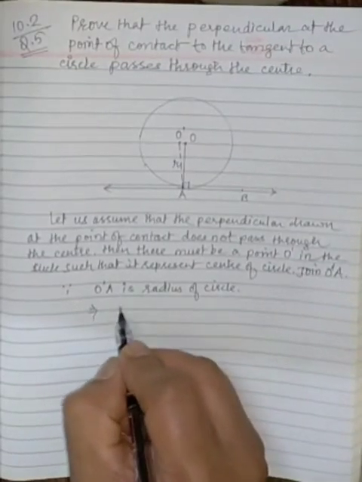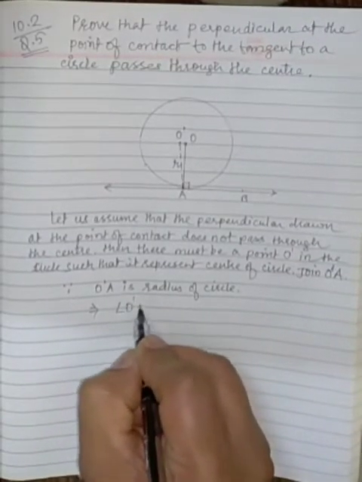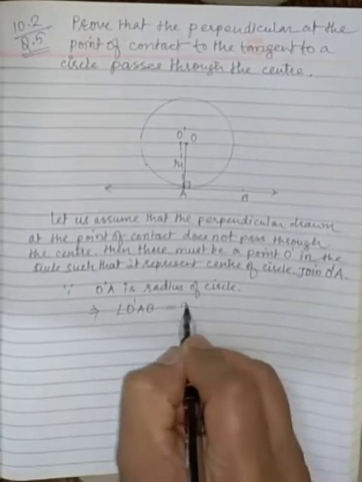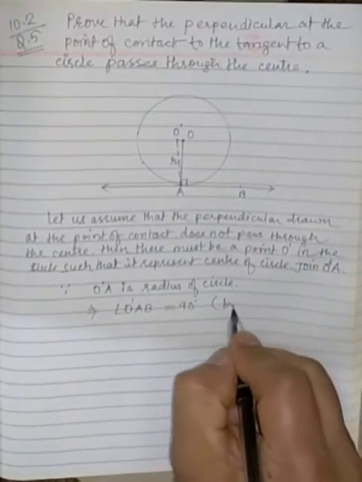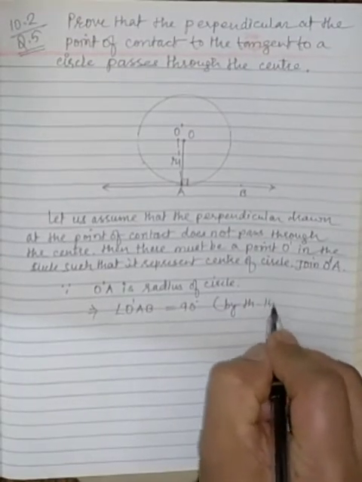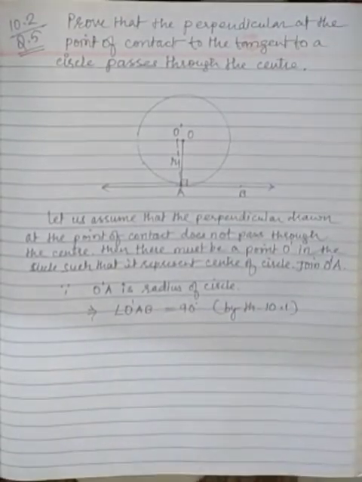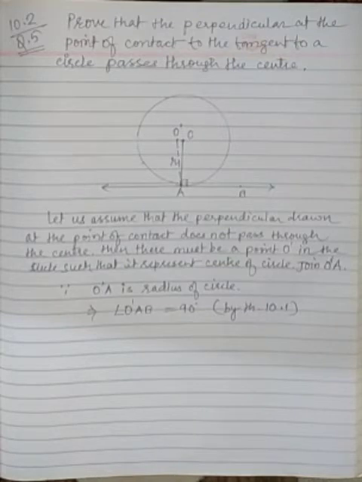This means that angle O dash AB is equal to 90 degrees by theorem 10.1, which says that the tangent is perpendicular to the radius at the point of contact.